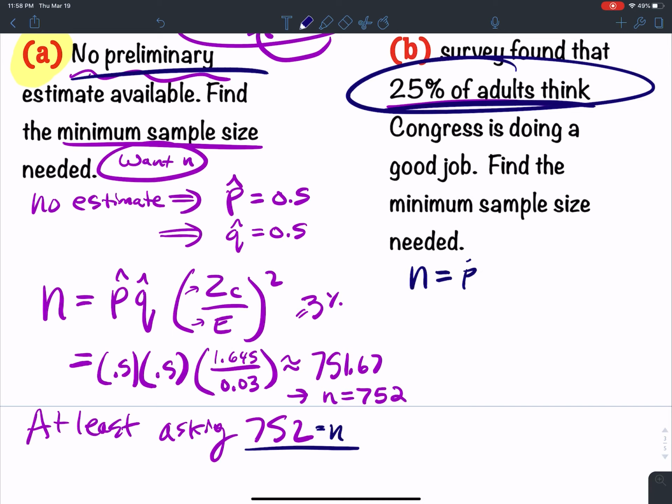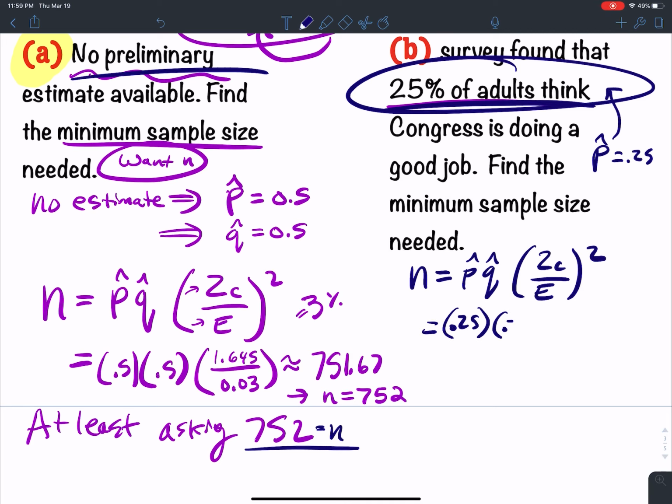n equals p hat q hat (z_c over E) squared. So p hat and q hat are all that's changing here. p hat, people that found that they were doing a good job, is 25%, so that's 0.25. If 0.25 think they're doing a good job, then 75% think they're doing a bad job.